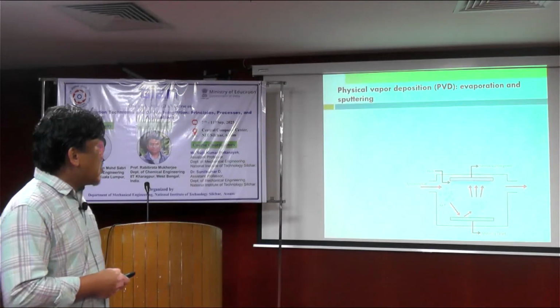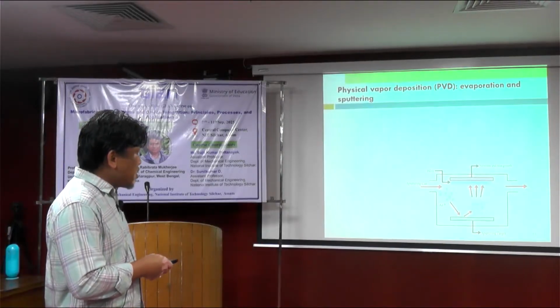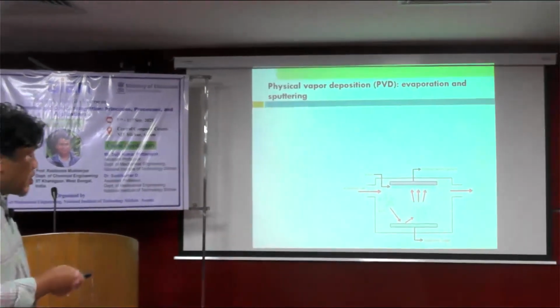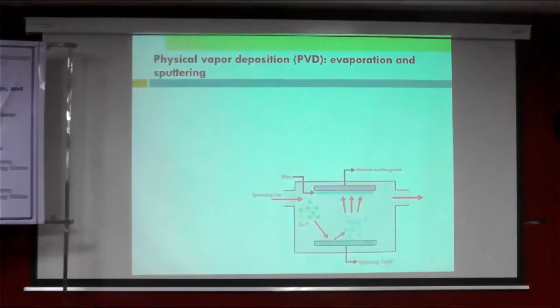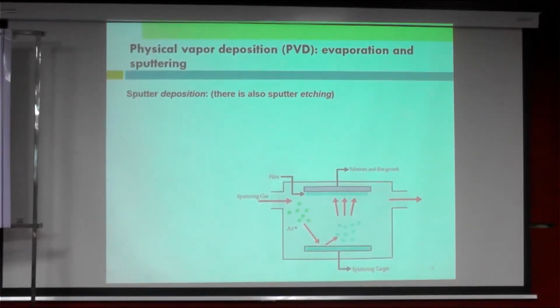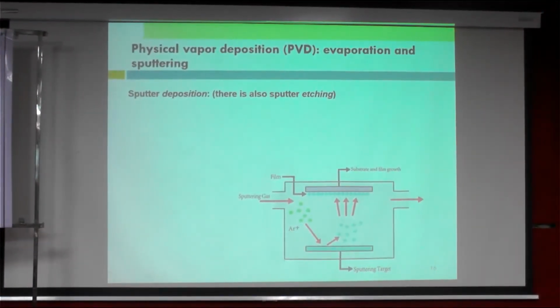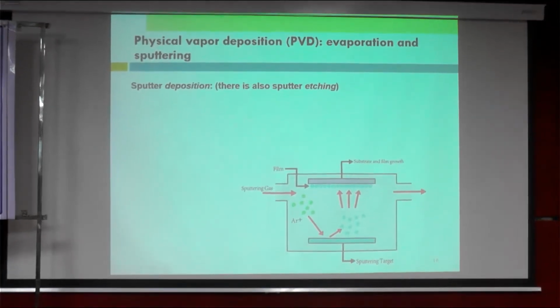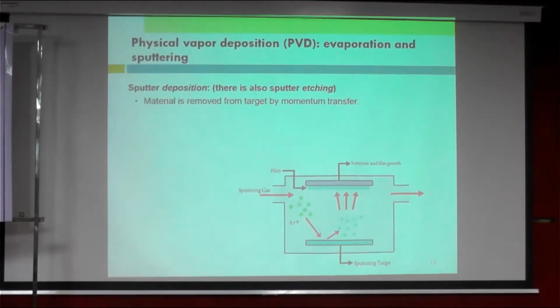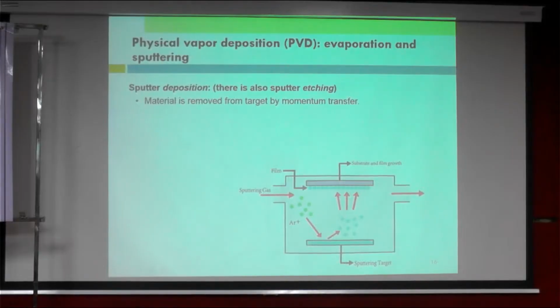So this is evaporation. This is sputtering basically. For sputter deposition, there is also sputter etching. In the process itself, material is removed from the target by momentum transfer.